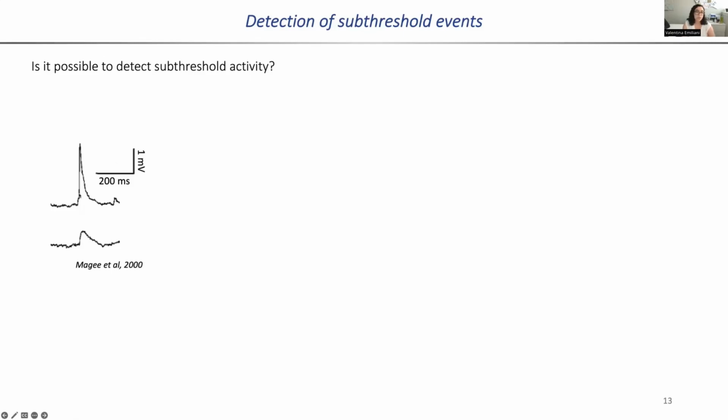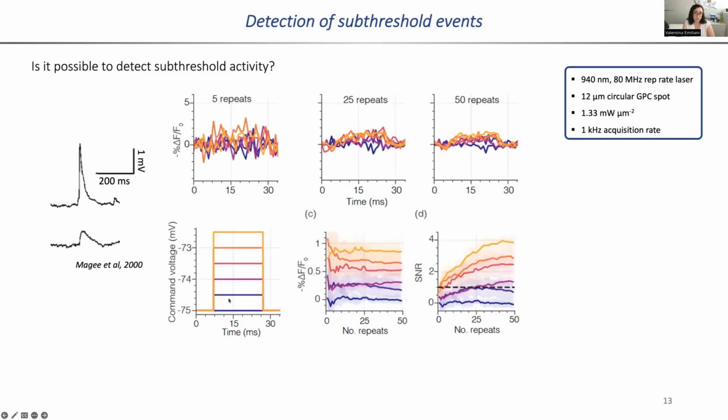And to see if we had any chance to detect such small amplitude events, we patched cells and depolarized them, performing depolarizing steps from 0.5 to 2.5 millivolts. And we did several repeats of this depolarization.